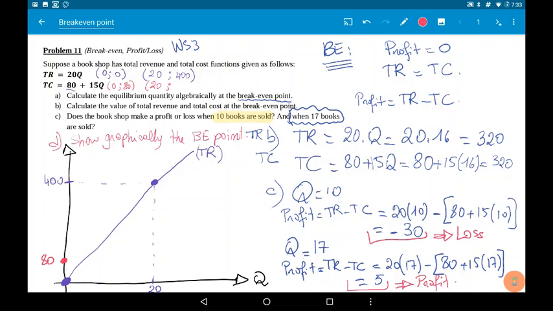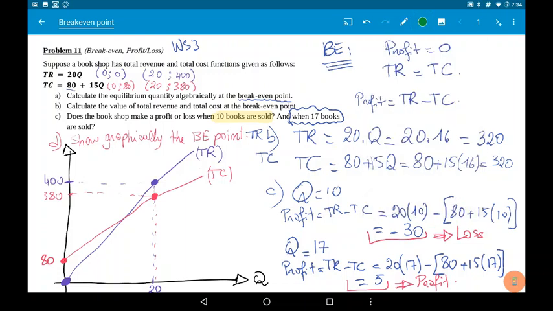So 80 plus 15 times 20, we have 380. So just below the 400. For Q equals 20, this is our second TC point. We will join these 2 points. This is TC.